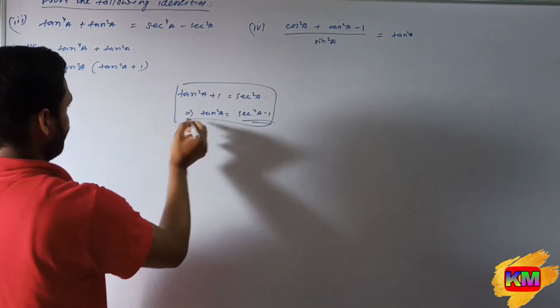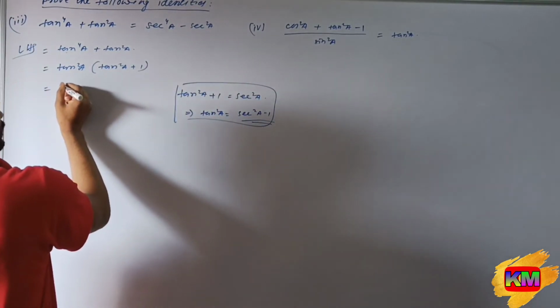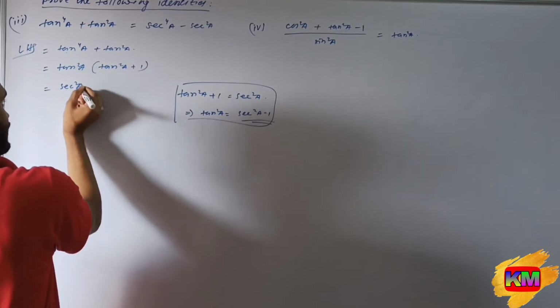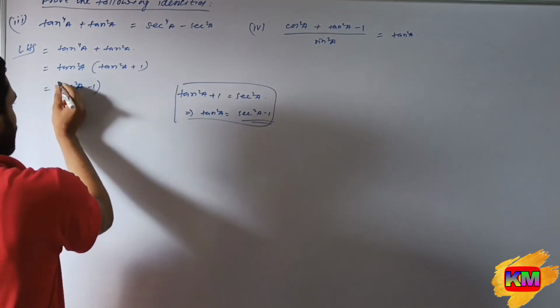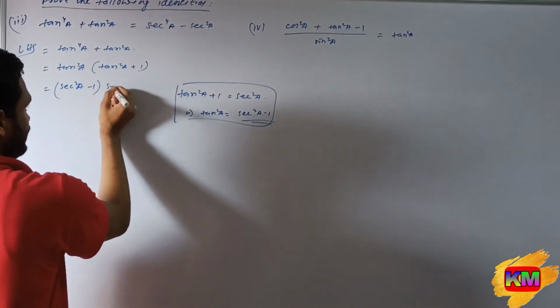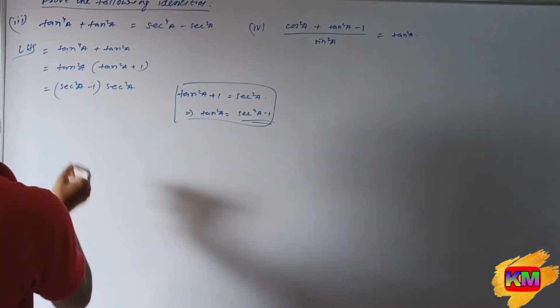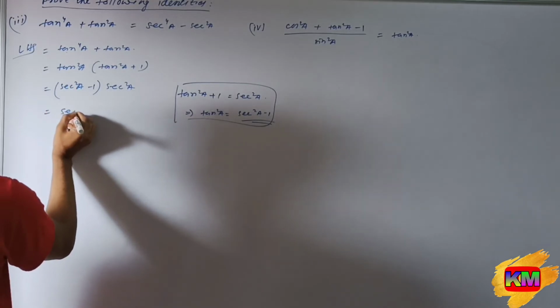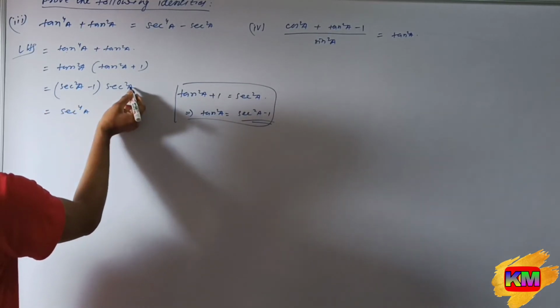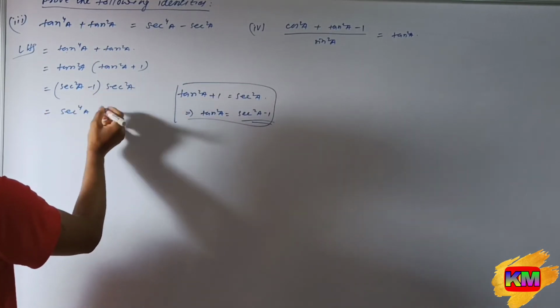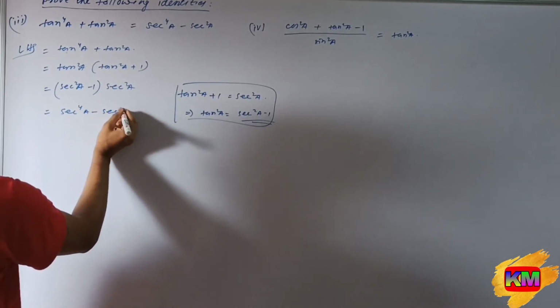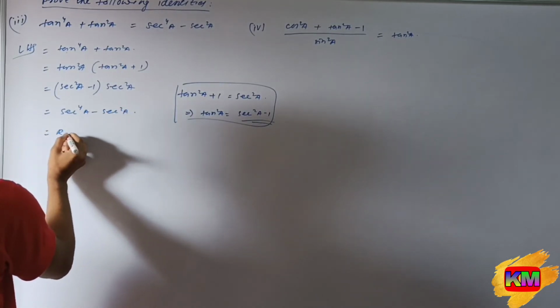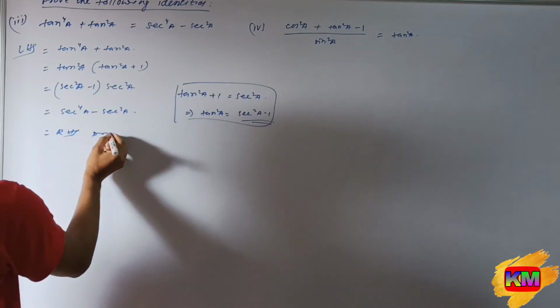So we will use this formula, and we will get sec square A minus 1, and it will be sec square A. So when we multiply sec square A and sec square A, it will be sec to the power 4A, and when we multiply sec square A by 1, we will get sec square A. So it is the RHS, proved.